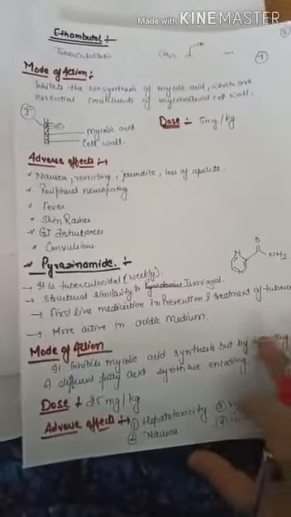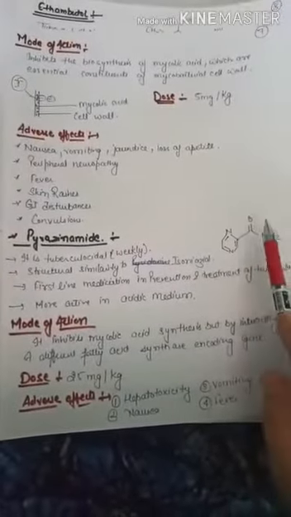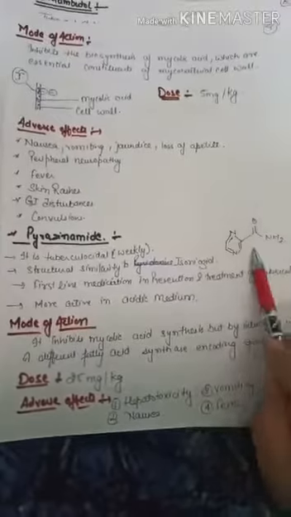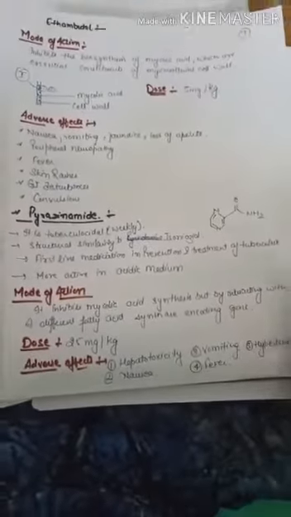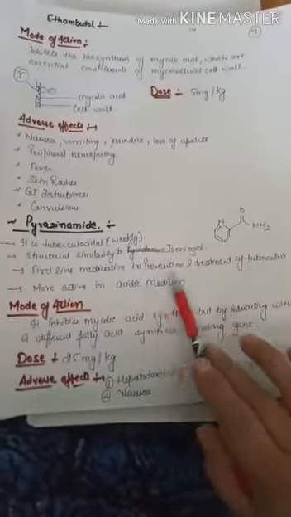And the third one is pyrazinamide, and here you can see the structure. This is structurally similar to isoniazid, a first line medication in prevention and treatment of tuberculosis, more active in acidic medium.